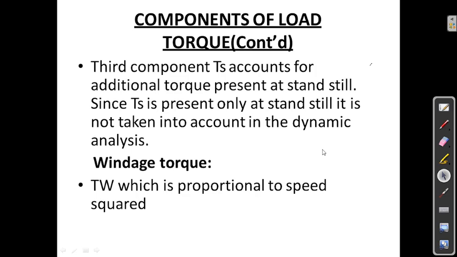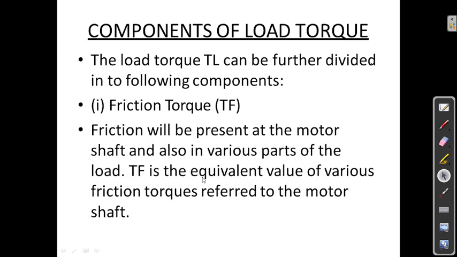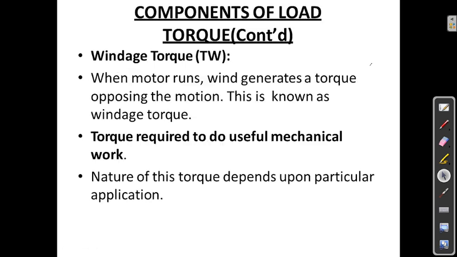These all come under passive torque. As we see here, in passive torque the sign will change. The sign will be negative or positive, but most of the time it is negative. This is called passive torque. This passive torque has components like friction torque as well as windage torque. In windage torque, the motor generates a torque opposing the motion.